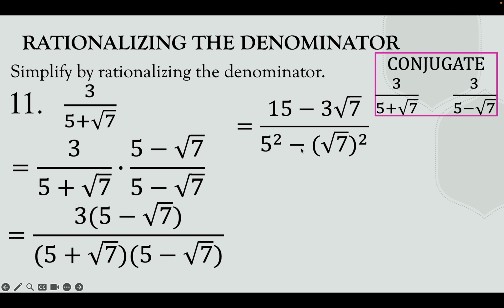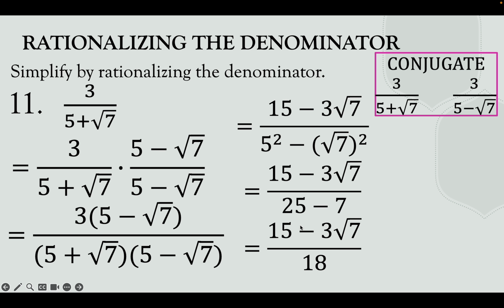So we'll simplify this one, class. Simplify first the denominator. We have 5 squared, 25. Square root of 7 squared, we can eliminate the radical symbol and the exponent, we have 7. So 25 minus 7, we have 18.